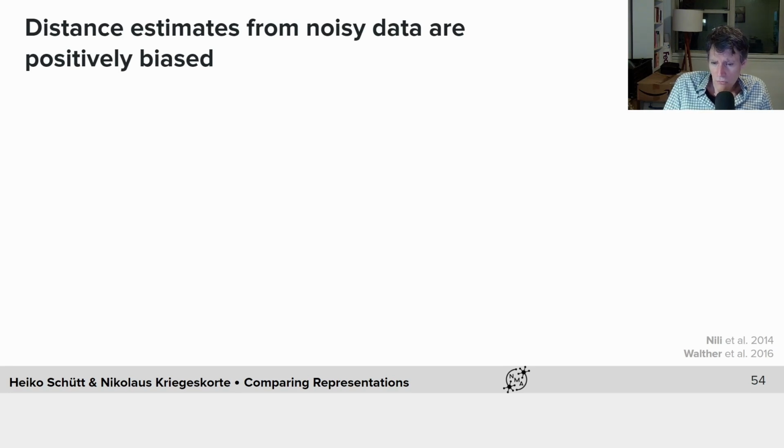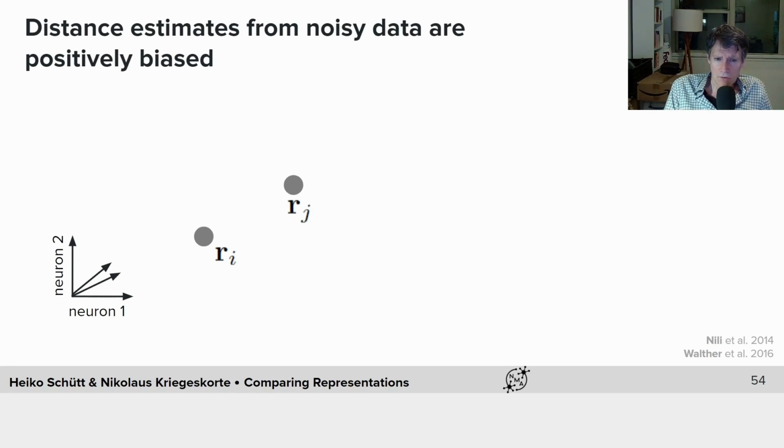And when we compute, for example, the Euclidean distance, of course, by definition, that's positive. So we're always going to overestimate this truly 0 distance. And that's this positive bias. And this positive bias affects distance estimates in general when we naively apply distances in order to estimate distances from noisy data.